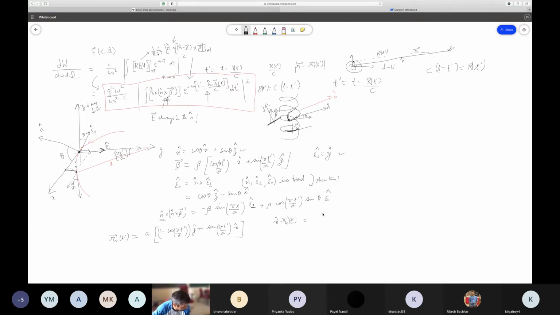This is just a cos theta sine Vt prime by a. If theta equals pi by 2, for example, n hat dot r naught will be 0 because n hat is perpendicular to the orbit.